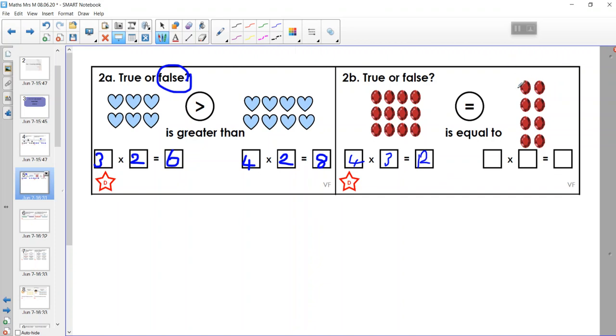And I've got groups of 2 rubies here, and I've got them 4 times. 4 times 2 is 8. So 12 is equal to 8. So again, that is false. 12 is not the same as 8. 12 is greater than 8.